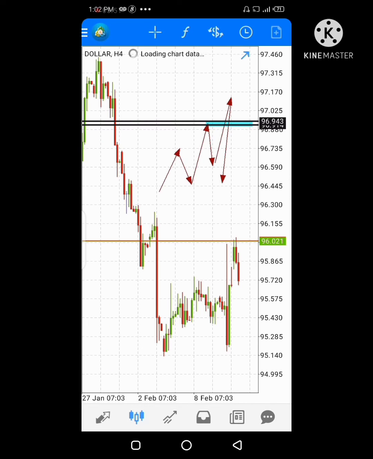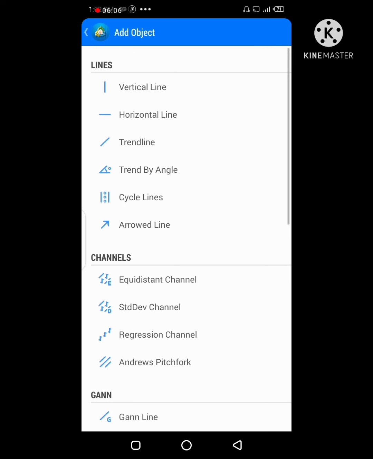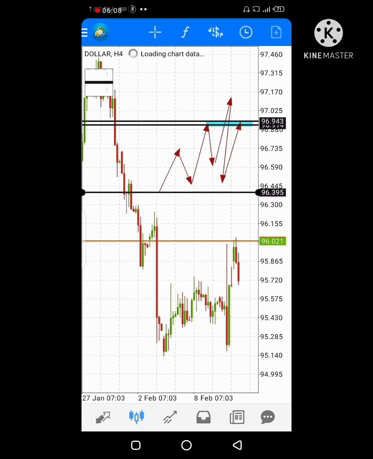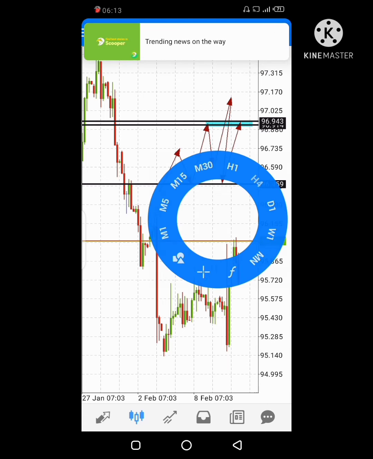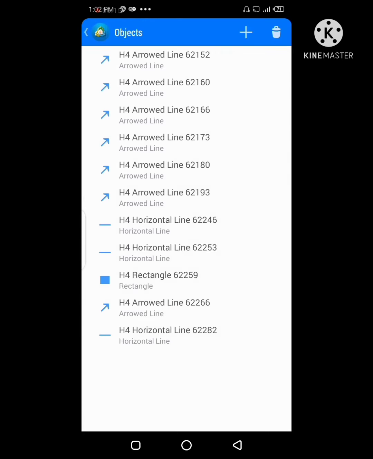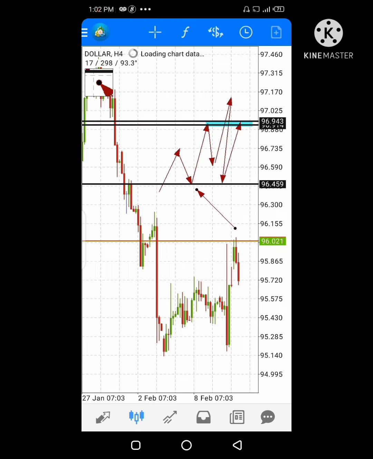So now when price gets back to this zone, we'll place our sell order, and we're going to set our take profit here, which is this low right here, the previous low.